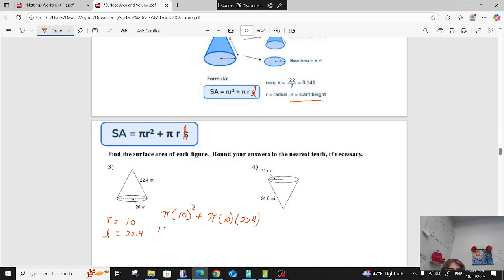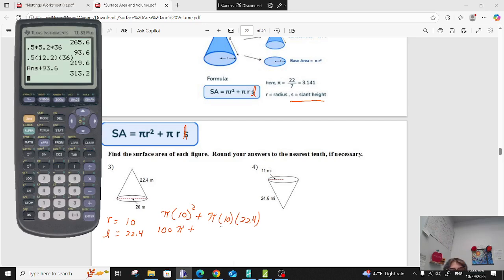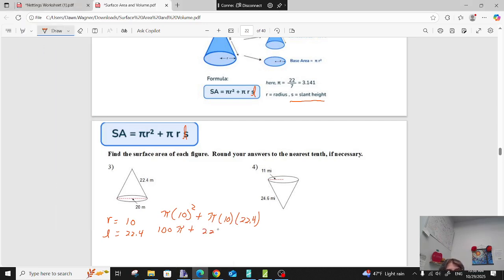So this would be 100 pi plus, what's 10 times 22.4? Yeah, I should have been able to do that in my head. Okay, and then when I add those together, that'd be 324 pi meters squared.